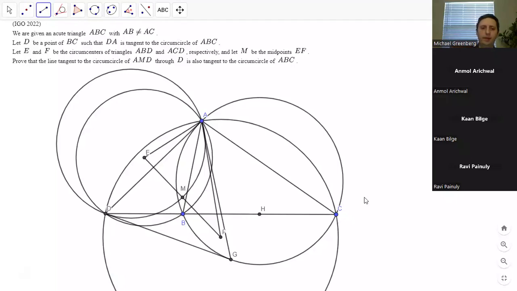Yeah, okay, because AEB, we can show it's similar to AFC, right? That's probably just an angle chase. Yeah. So since AEB is similar to AFC, then they're similar. So M and H correspond in that similarity.